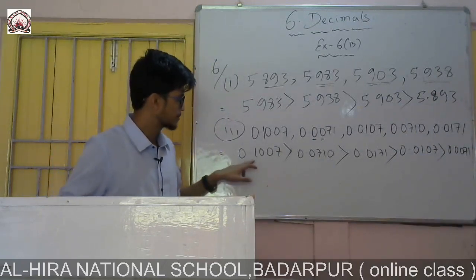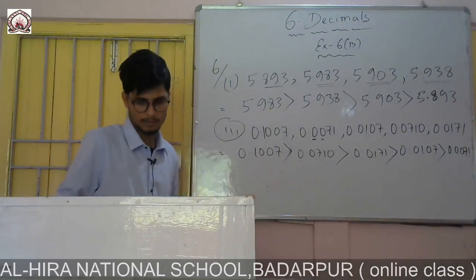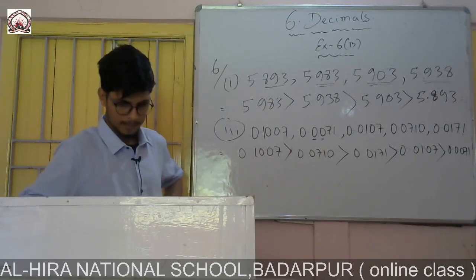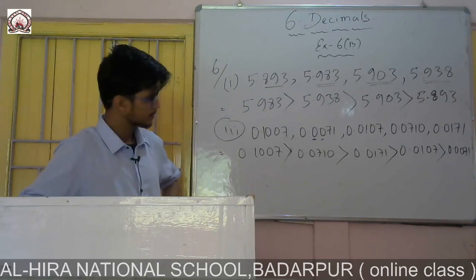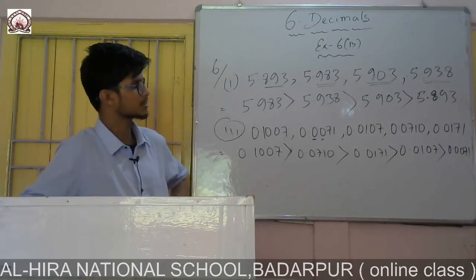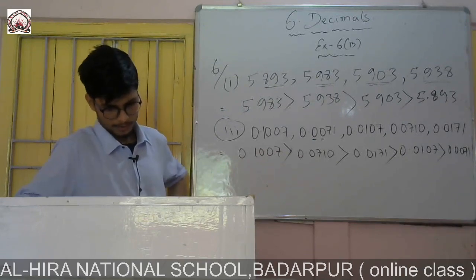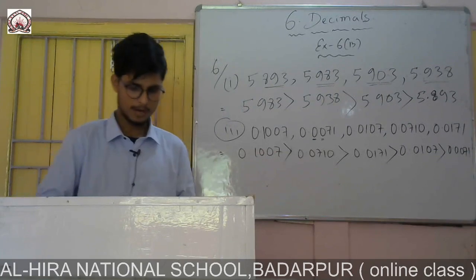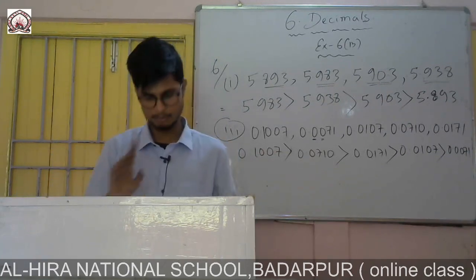So first of all I have checked the first place, then I went for the second one. One by one I have checked. So first one is 1007, then 0710, then 0171, then 0107, and at last 0.0071.